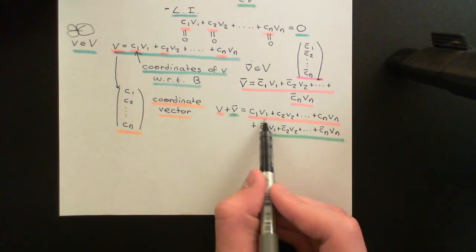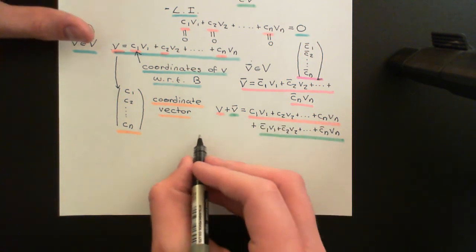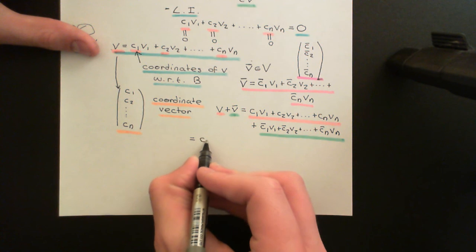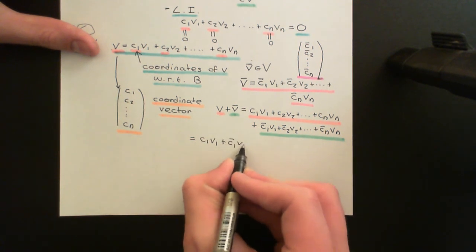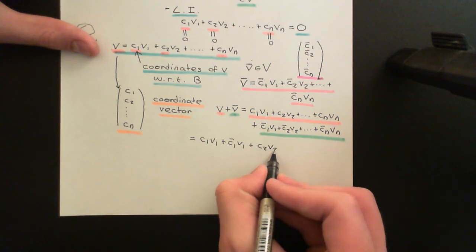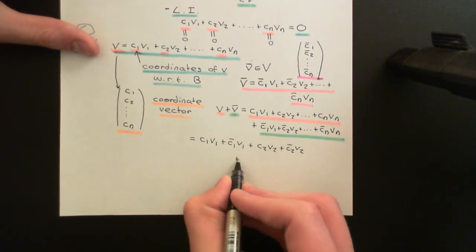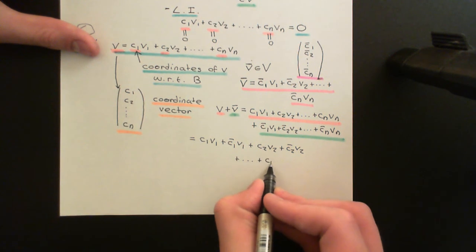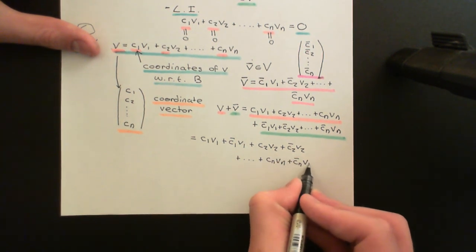So I'm going to get these two nearby one another, these two nearby one another, etc. So I'm going to rewrite this like so. I have c1 v1 plus c1 bar v1 plus c2 v2 plus c2 bar v2 plus all the way along until we've got cn vn plus cn bar vn.